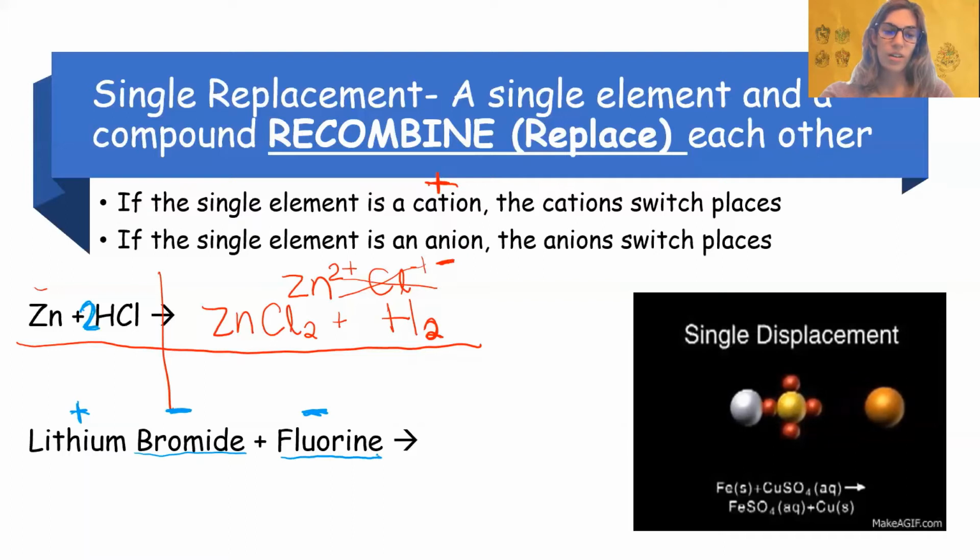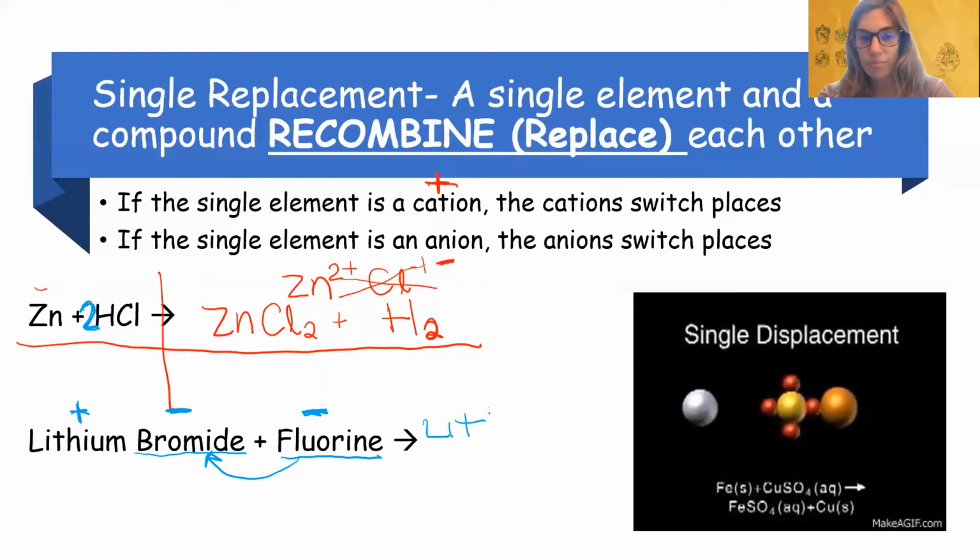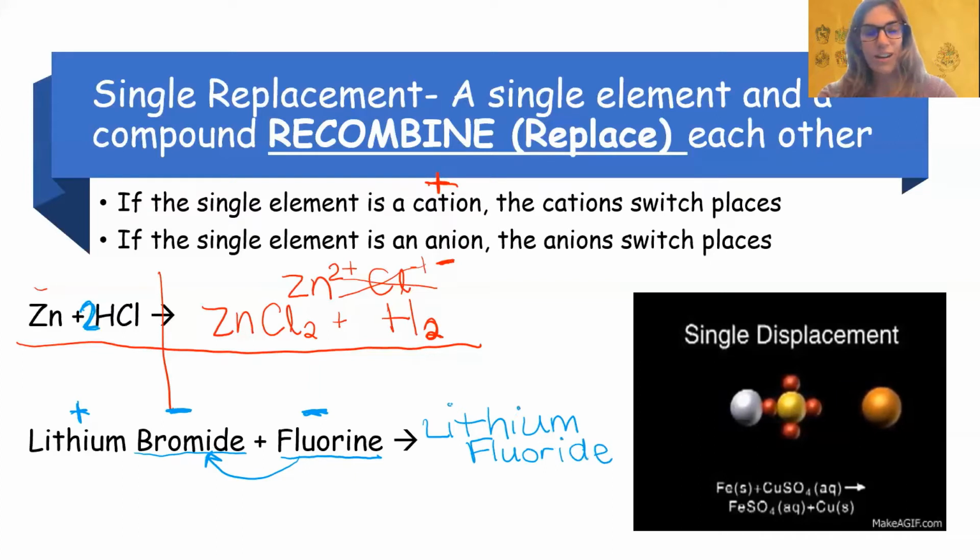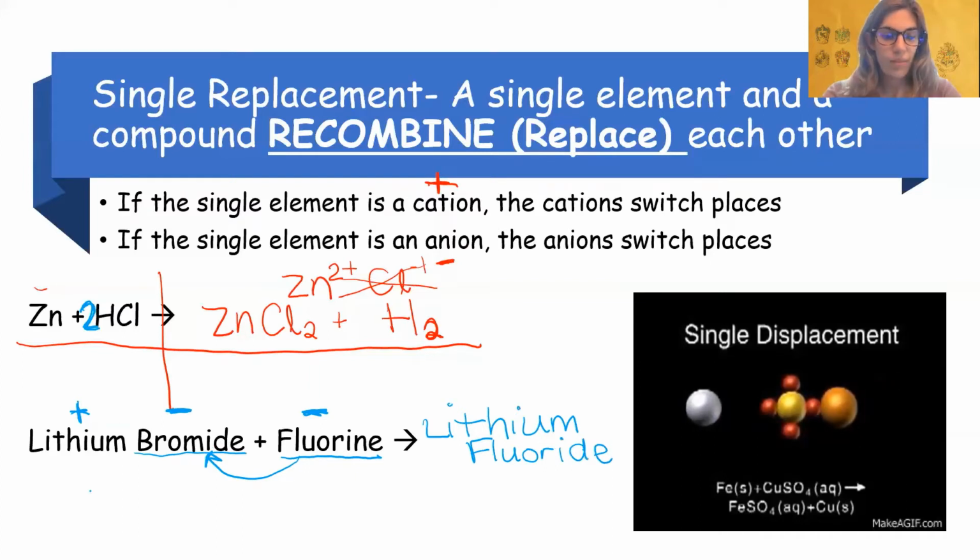So now instead of lithium bromide, you're going to end up with lithium fluoride. And once I've found that out, I can write it out. So if I have lithium bromide, that is LiBr, do your cross and drop, plus fluorine.